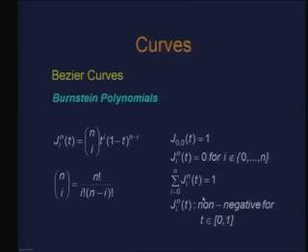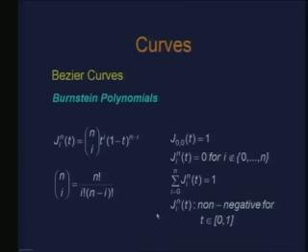All these blending function coefficients sum to 1, between 0 and n, and each of these is non-negative for the t parameter spanning between 0 and 1.